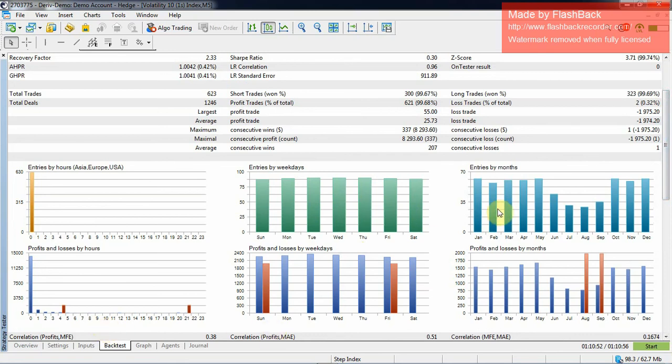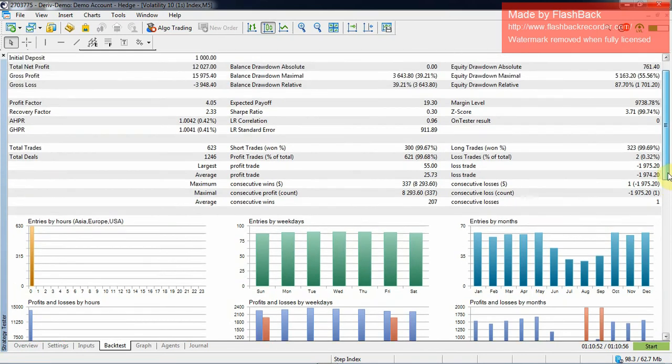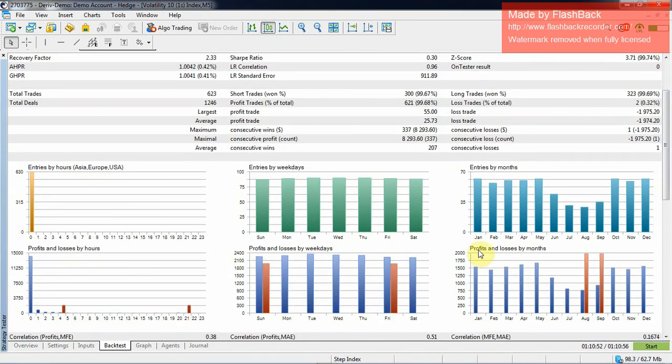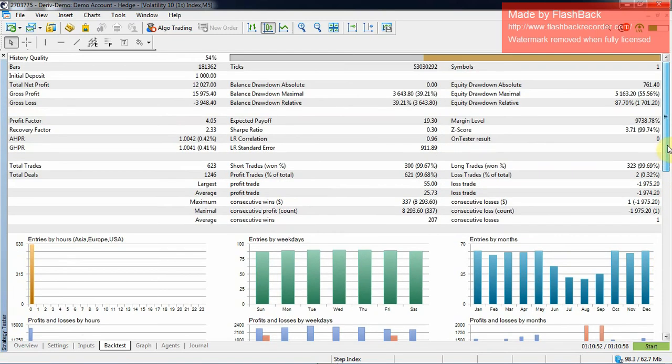You can get screenshots, entries by months, losses and entries by month. As you can see, September, August, September there. That's when we had the losses.